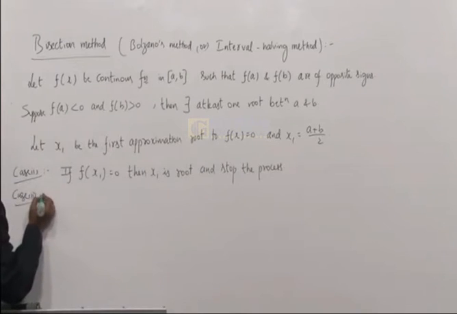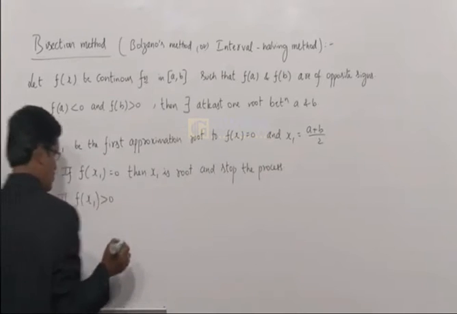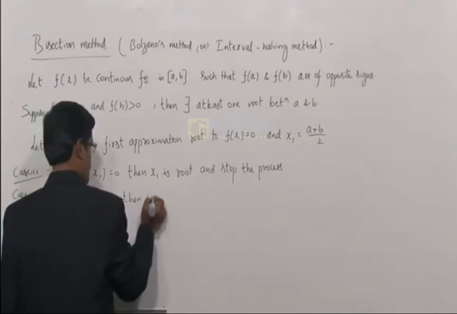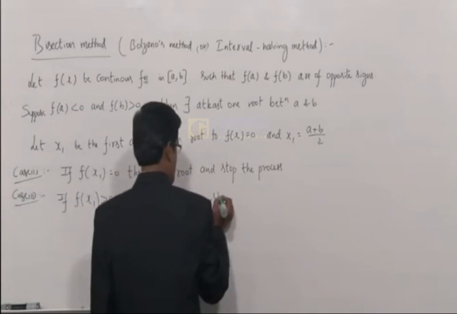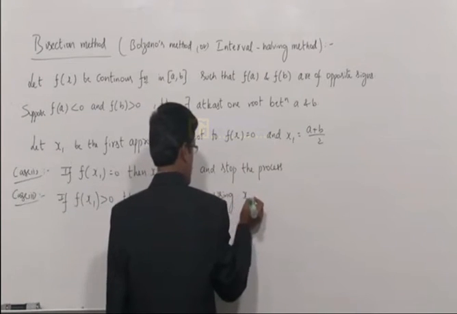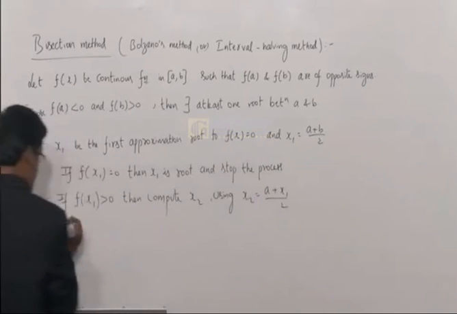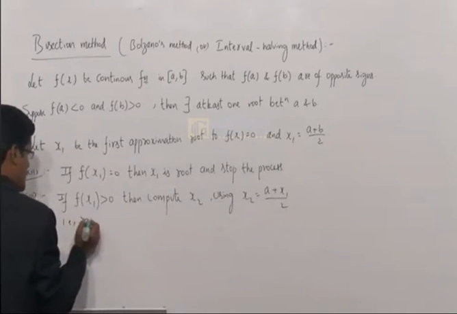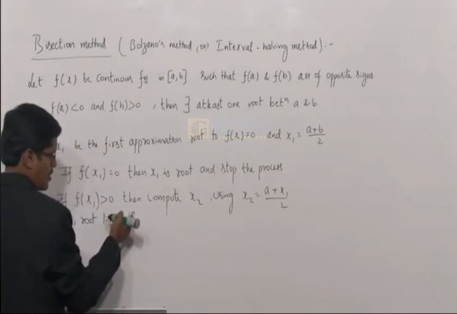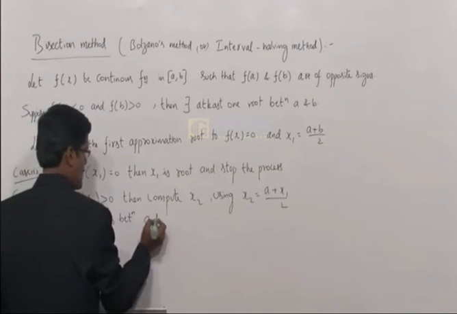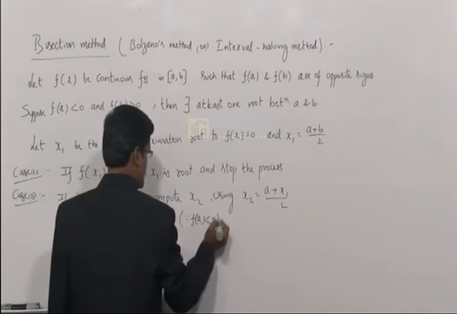Case 2. If f(x1) greater than 0, then compute x2 using x2 is equal to (a plus x1) by 2. That is, the root lies between a and x1, since f(a) we have assumed less than 0.